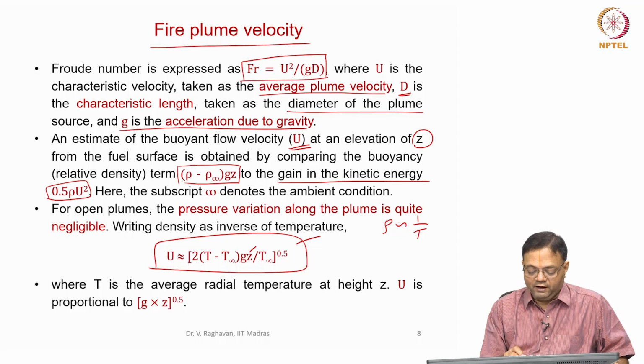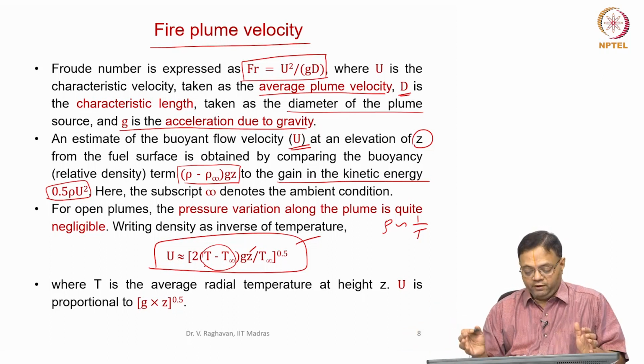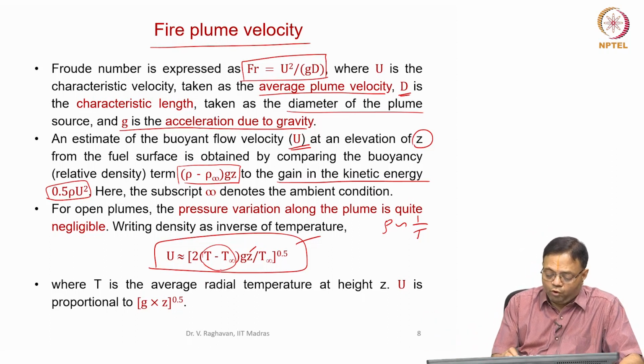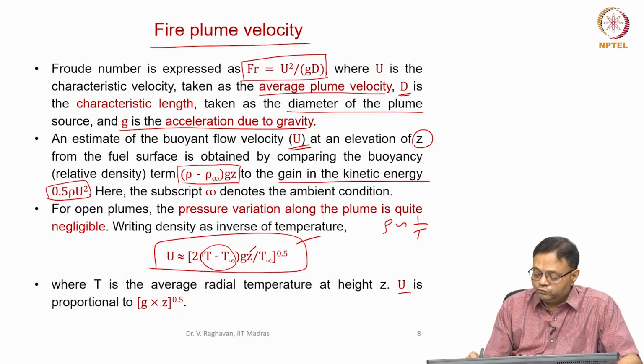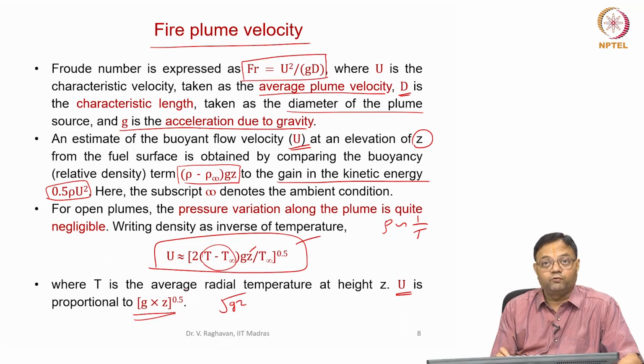So, you can clearly see that u depends upon the temperature difference between the average temperature of the plume and the temperature at the ambient. This expression also signifies that u is proportional to the square root of gz.